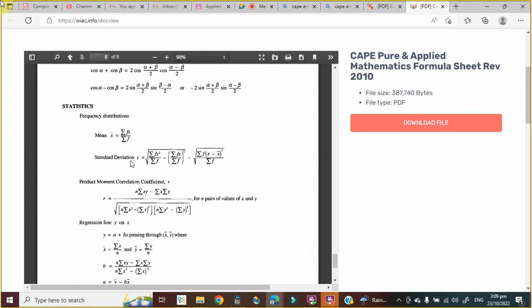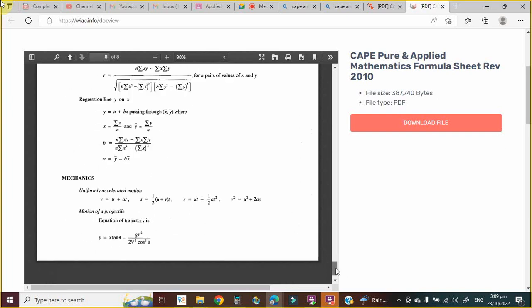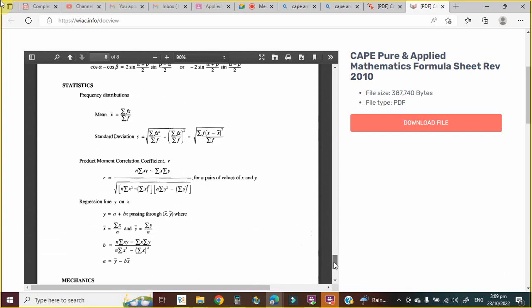So notice this standard deviation right here, they didn't tell you what it is for. So you would have to know which one this is. Is this for population or is this for sample? No, not sample. It would be sum of f minus 1 if it is sample. This is for population. Alright? So notice it doesn't specify. That's what I don't like with the formula sheet. They do not specify.